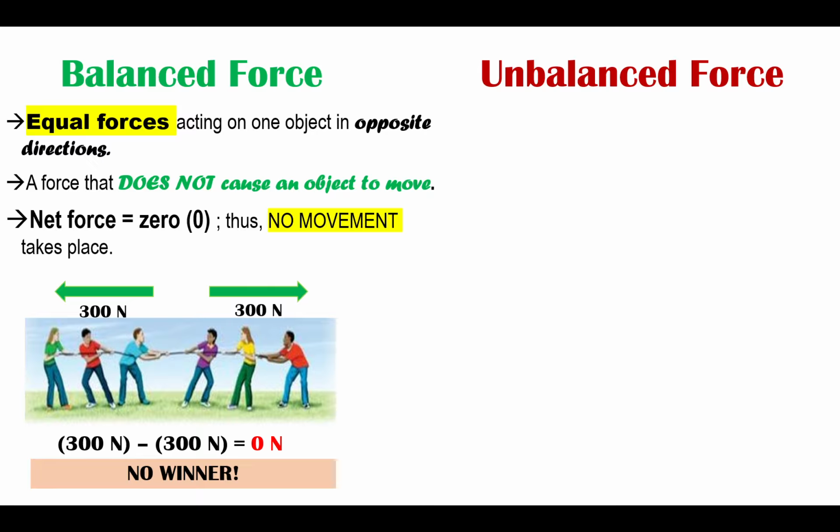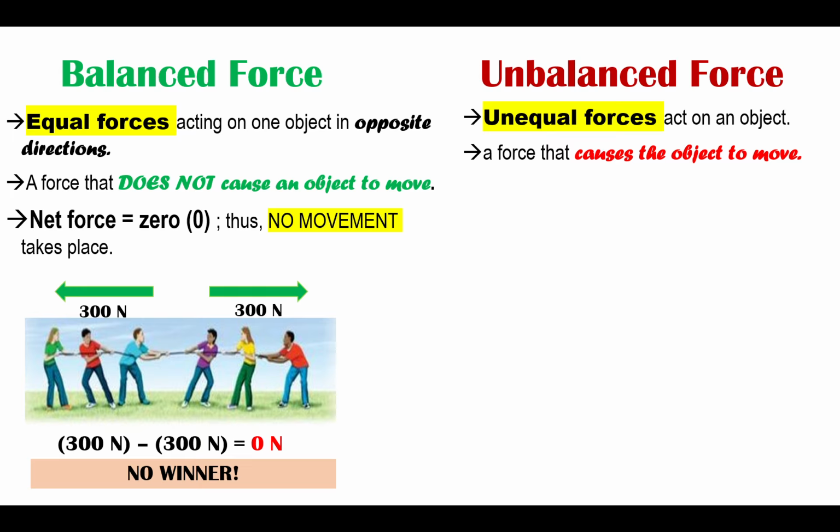On the other hand, when forces are not equal, they are called unbalanced forces. Unbalanced force causes a change in motion, or it causes the object to move. This means that the object can start moving, can stop, speed up, slow down, or change in direction.